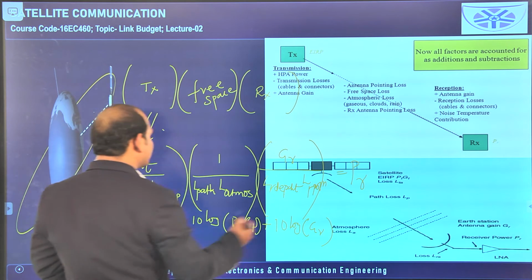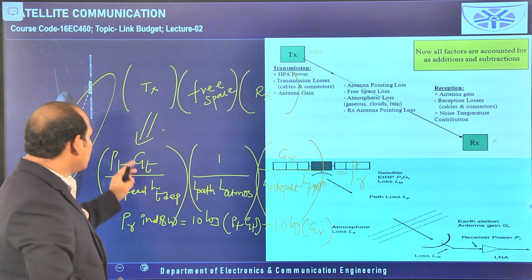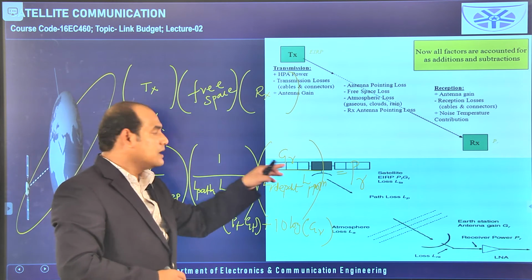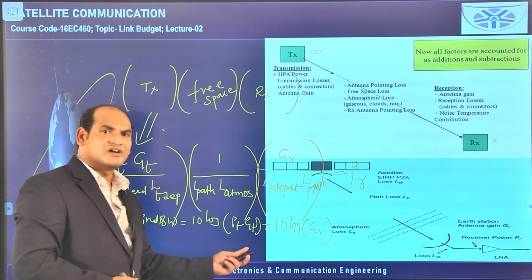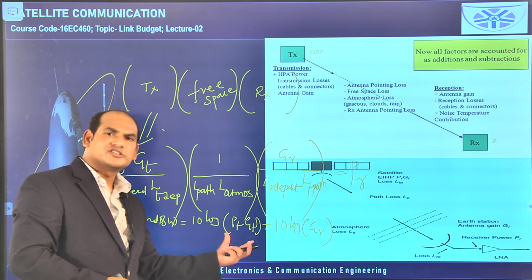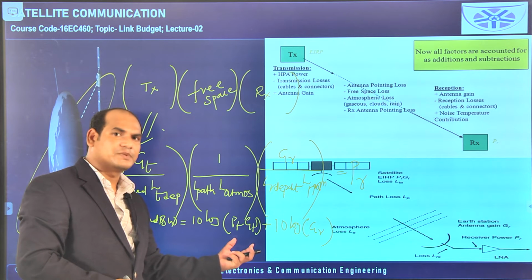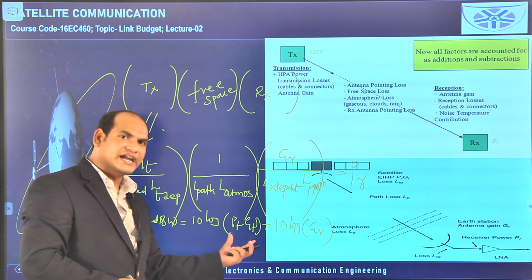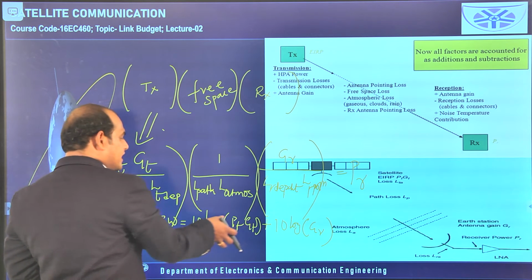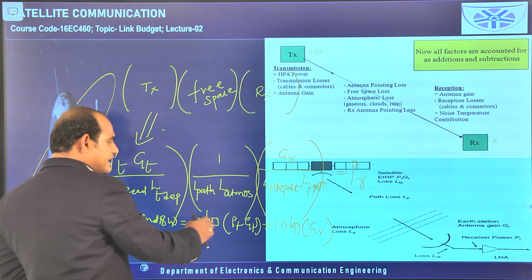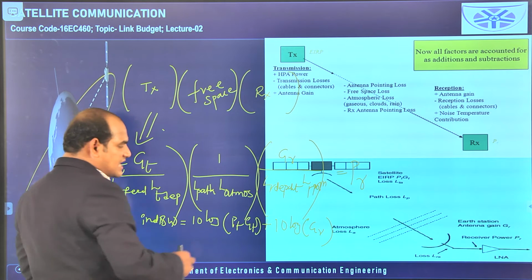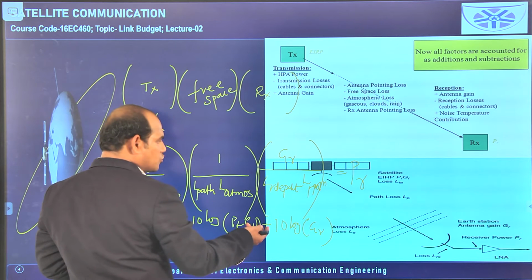This is about the numerator. In the numerator, what are the terms available? PT, GT, GR. PT, GT at one place we are writing. What is the reason? It is the effective isotropic radiated power, EIRP. So that we are converting into dBs, that means 10 logarithm of PT GT. Otherwise you can write here EIRP also, no problem.